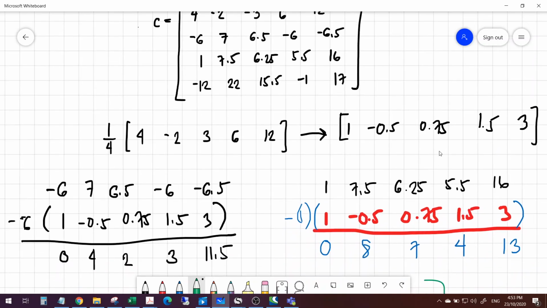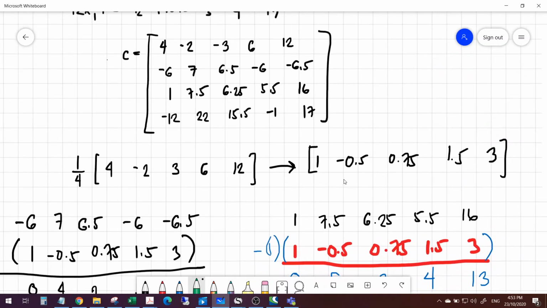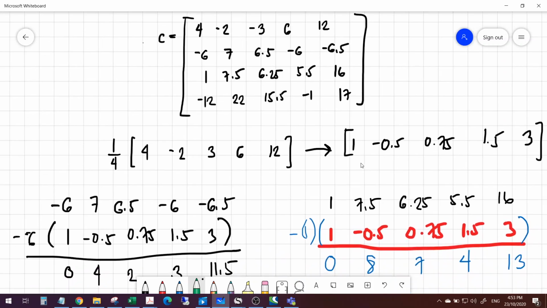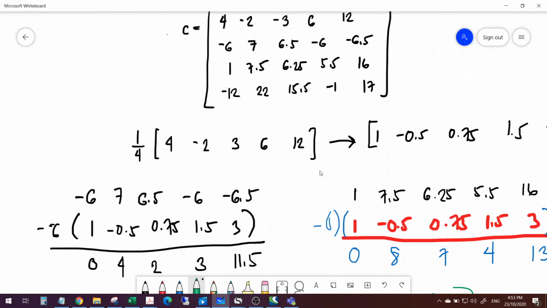Now once you have that normalized row matrix, we will subtract it from the next three rows, like what we did in Gaussian elimination.